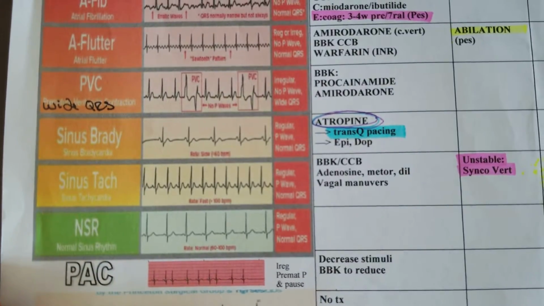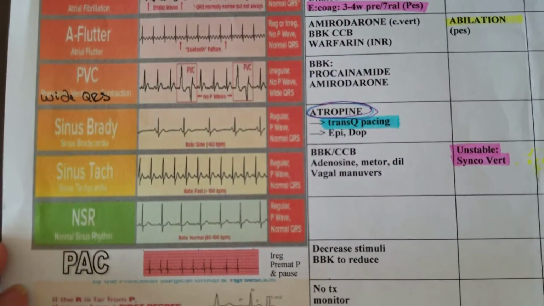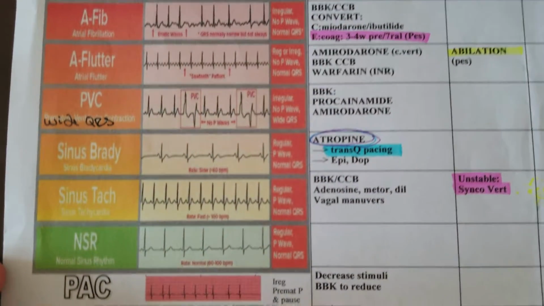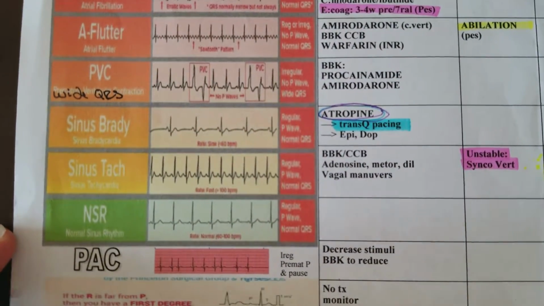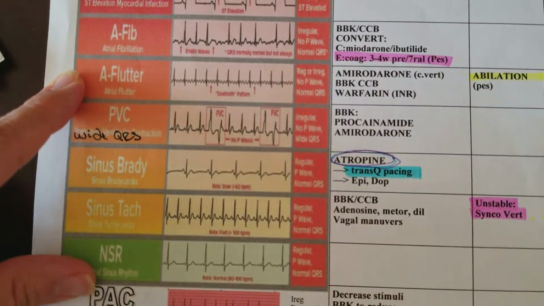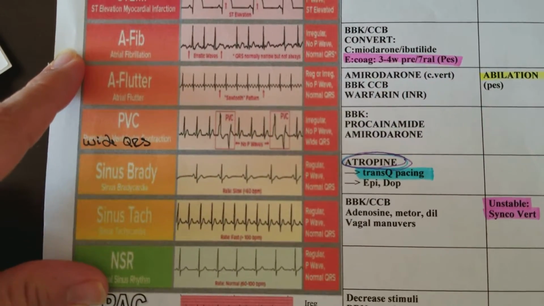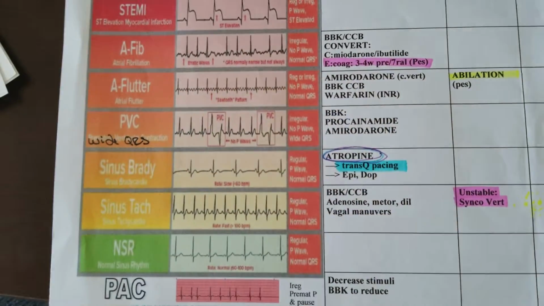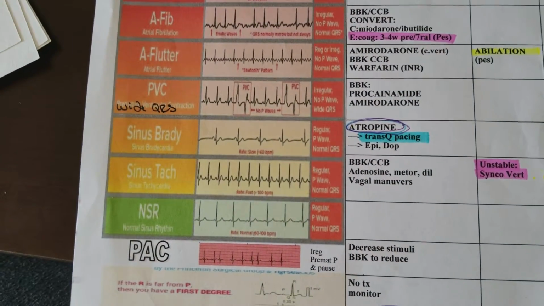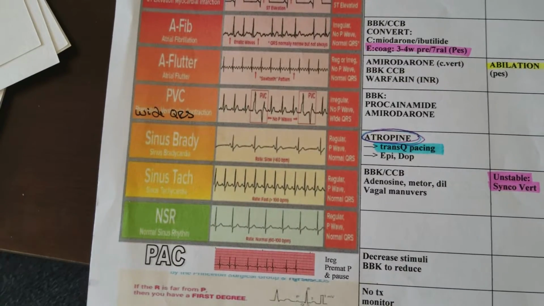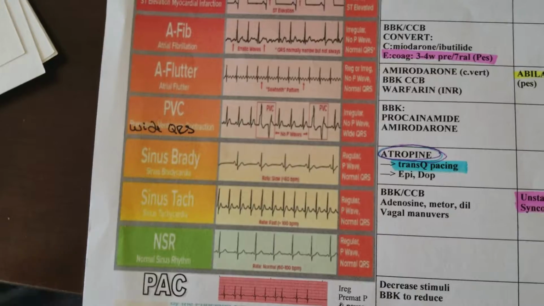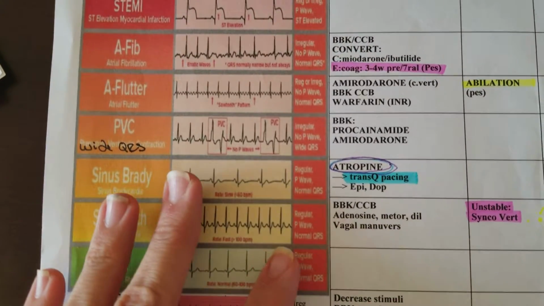A flutter, you have those little sawtooths, amiodarone and the ablation, as well as warfarin and the INR. A fib, you've got just those fibrillatory waves, and you want a beta blocker, calcium channel blocker, and maybe convert with the anticoagulation. You'll probably be on anticoagulation forever, but also 3 to 4 weeks before and several weeks after if it's A fib longer than 48 hours.